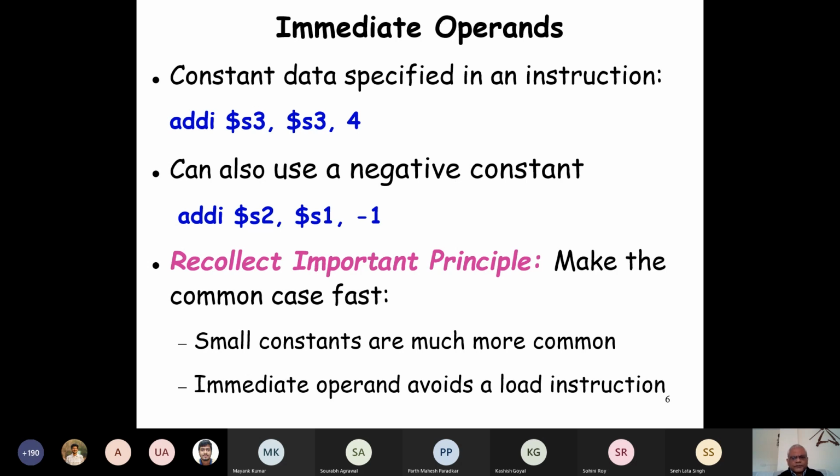But fortunately, the most common occurrence of constants are small numbers, like increment something by 1, add 10 to something, etc. These are small numbers. So we should use the immediate operand, and that complies to an important principle: make the common case fast.